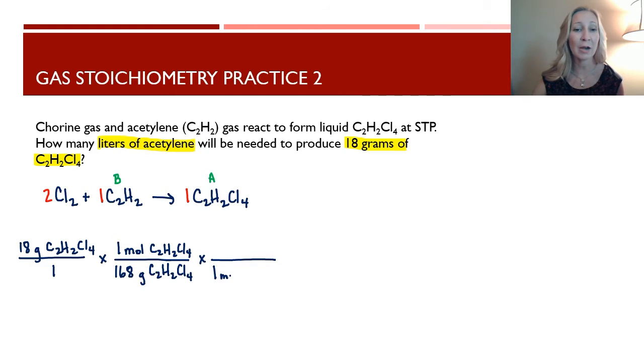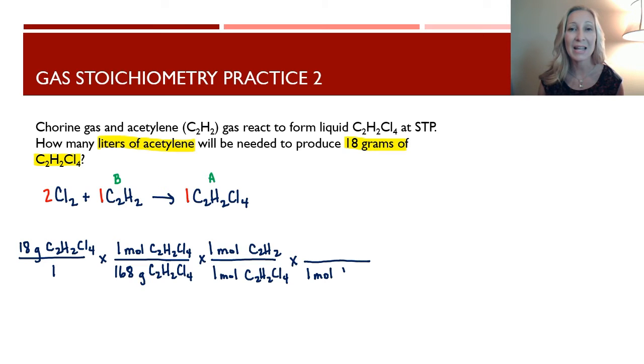Now I want to figure out how many moles of acetylene I will need to create that number of moles of C2H2Cl4. This is easy. This is a 1-to-1 ratio because I used the coefficients of my balanced equation and figured out this ratio, coefficient of B over coefficient of A. The last step is to figure out the volume of this amount of acetylene gas that is required to make this substance.